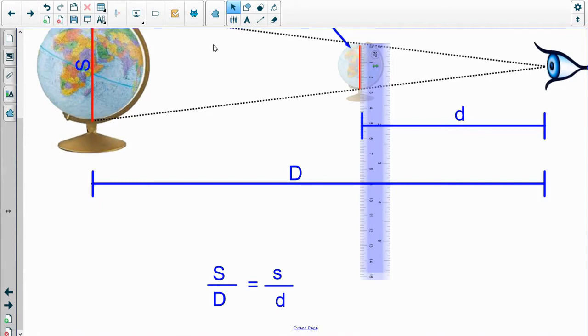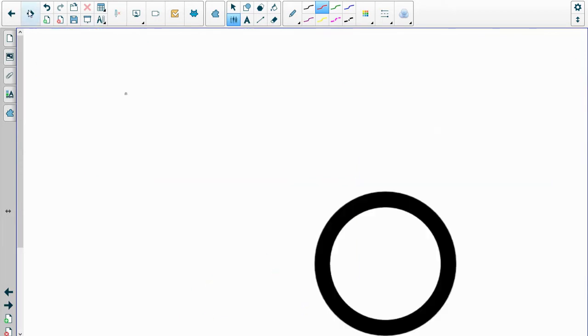Or sometimes you'll see this written as S1 is to D1 as S2 is to D2. Just a shorthand way of getting this same idea across. And what we're going to exploit is that if we know any three of those, you could solve for the fourth.